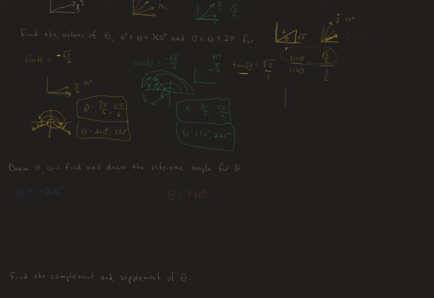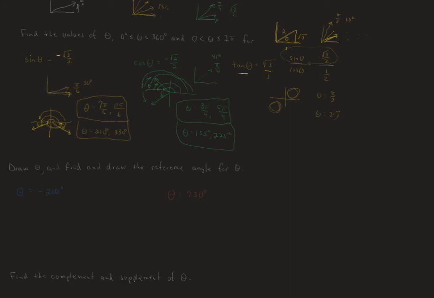Tangent is going to be positive in quadrant 1, where sine and cosine are both positive, or in quadrant 3, where sine and cosine are both negative. So that means in quadrant 1, theta can be pi over 3, or it could be 30 degrees. Not 30 degrees, 60 degrees.